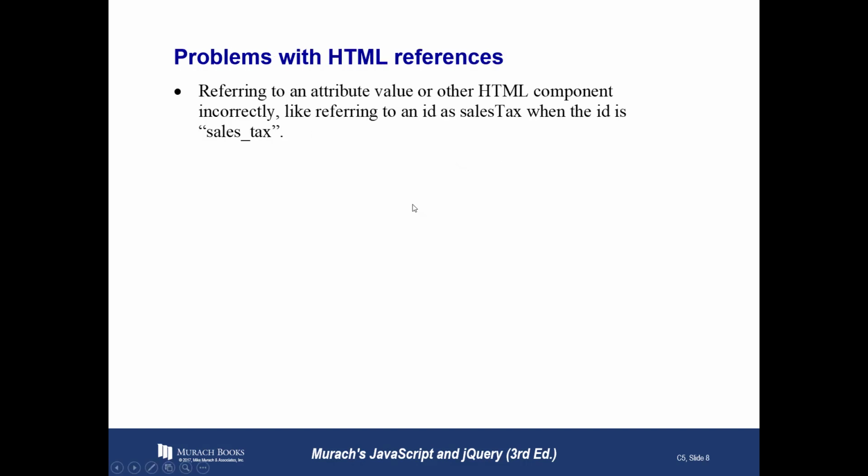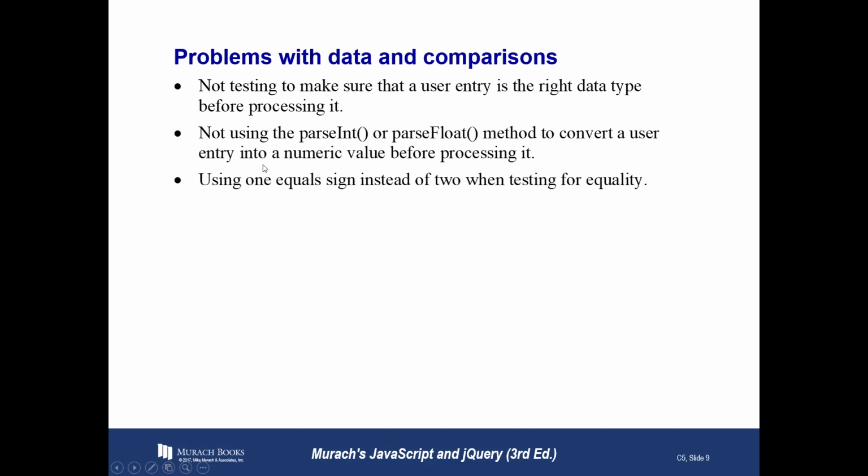Capitalization and spelling errors are a big one. Referring to an attribute incorrectly. Should be saying salesTax camel case, but you say sales tax like this. Again, these are types of errors that everyone makes.